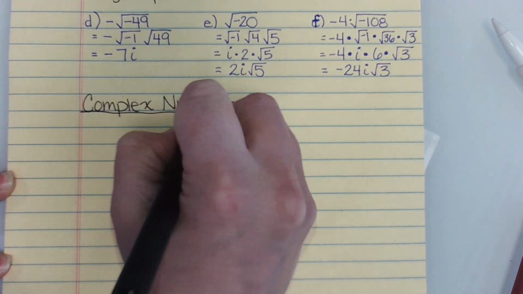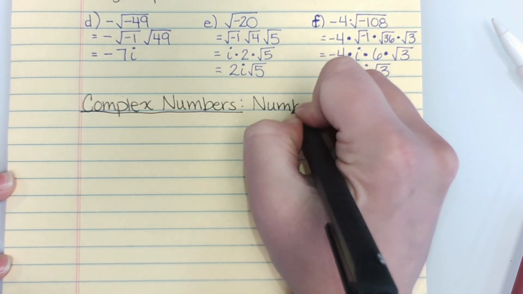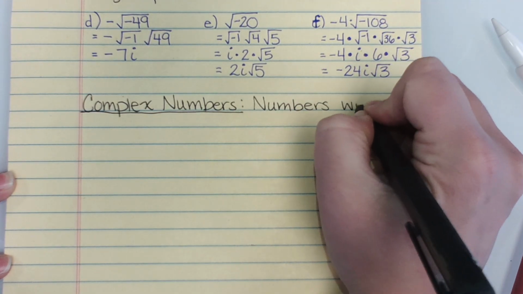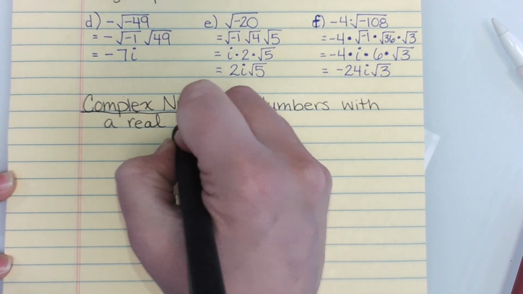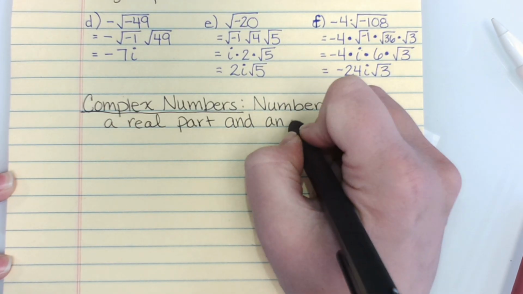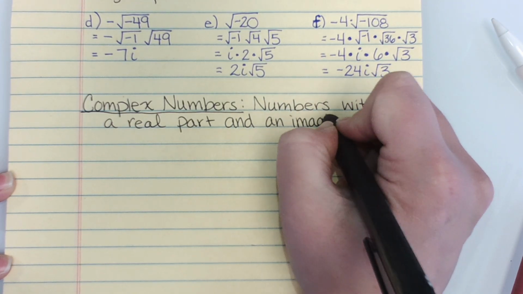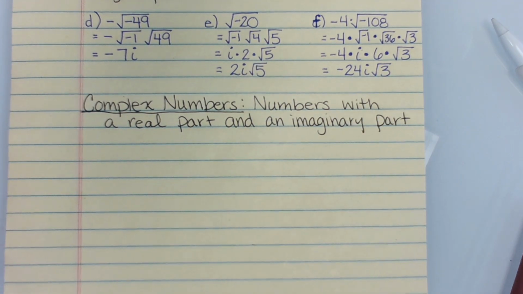Complex numbers are numbers with both a real part and an imaginary part. If there is no real part, it's pure imaginary.